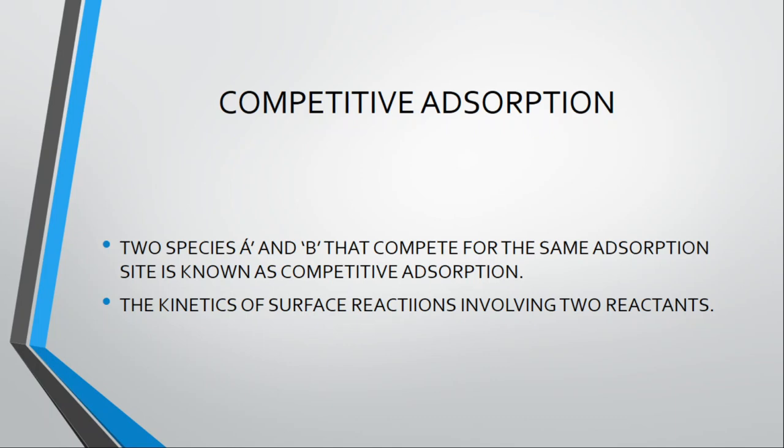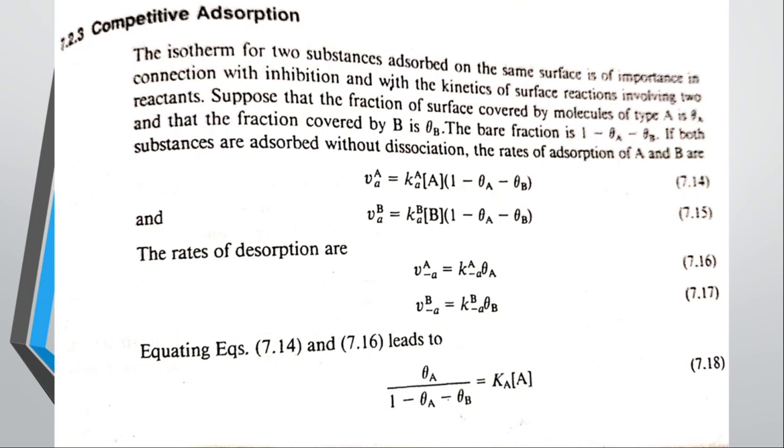Next, coming to competitive adsorption. Now, what does competitive adsorption mean? When two species A and B compete for the same adsorption site, it is known as competitive adsorption. The kinetics of surface reactions involving two reactants can be described as follows.